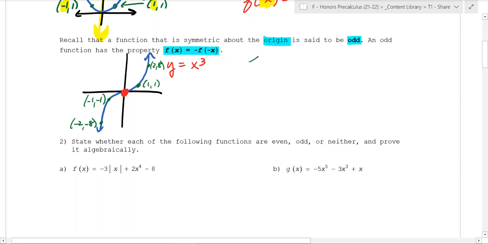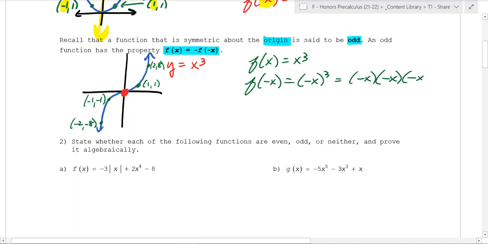So if f of x is equal to x cubed, f of negative x is equal to negative x cubed, which is negative x times negative x times negative x. There's an odd number of negatives here, so you're going to end up with negative x cubed, which is the opposite of f of x. So if you plug in negative x, you end up with the opposite. That's what this says right here.